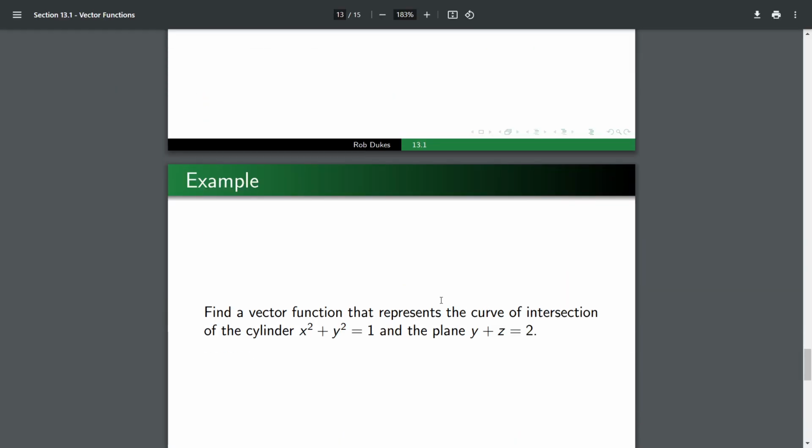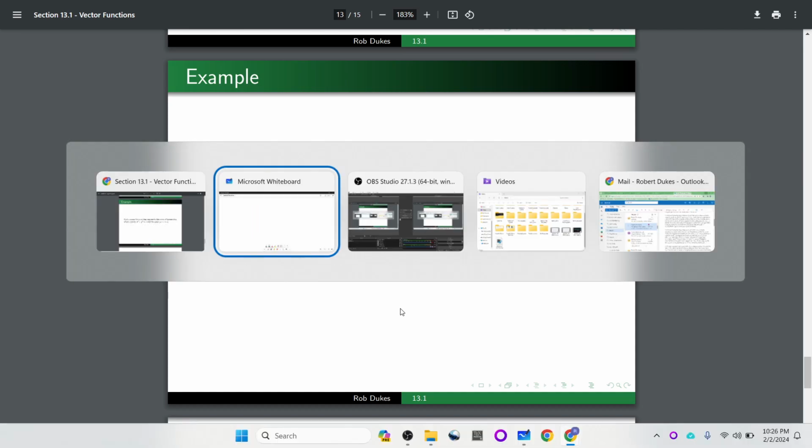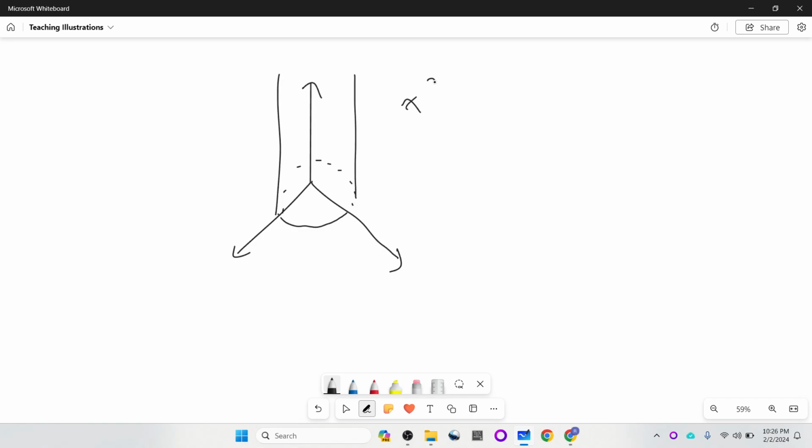Okay, now this next one talks about intersection, and that's a little tricky here. Find a vector function that represents the curve of intersection of a cylinder and a plane. So what does that look like in visual terms? Well, we get a cylinder, which would be like this: x squared plus y squared is 1.